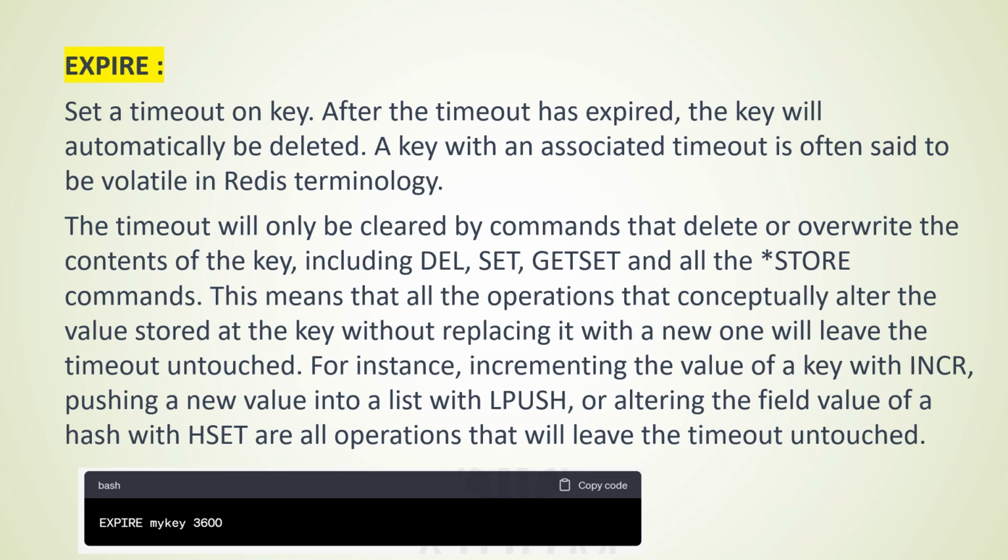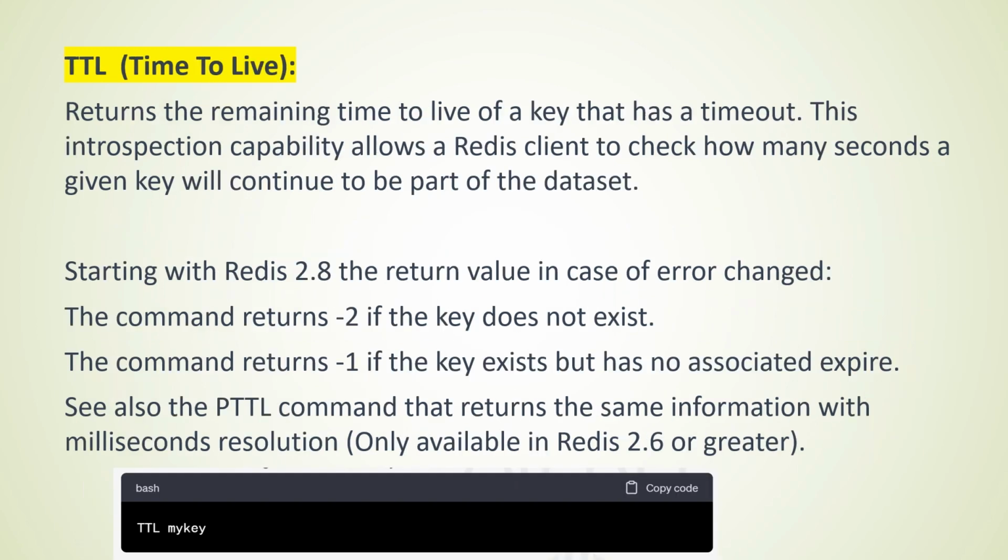For instance, incrementing the value of a key with INCR, pushing a new value into a list with LPUSH, or altering the field value of a hash with HSET are all operations that will leave the timeout untouched. TTL, time to live, returns the remaining time to live of a key that has a timeout. This introspection capability allows a Redis client to check how many seconds a given key will continue to be part of the dataset.